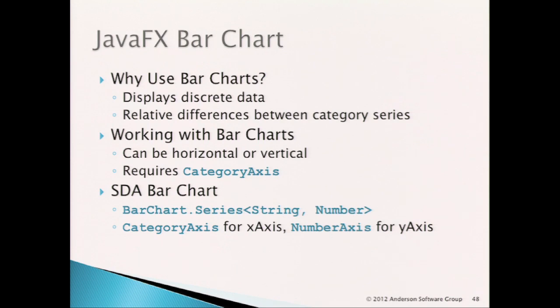Now, generics is used here with these things. So BarChart.Series is now generically set up for XY charts, where this is the X and this is the Y. So on the X-axis is going to be a string, that's the category axis, and on the Y-axis is going to be a number. And in all these XY charts, that's what you have to specify there.